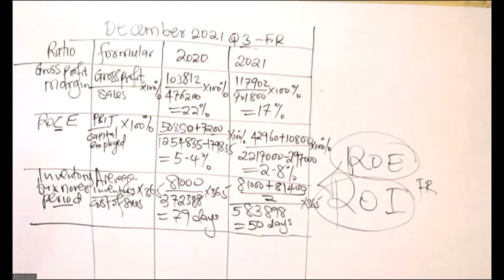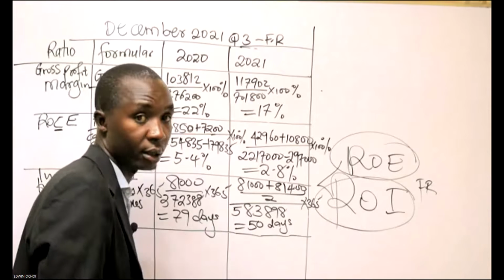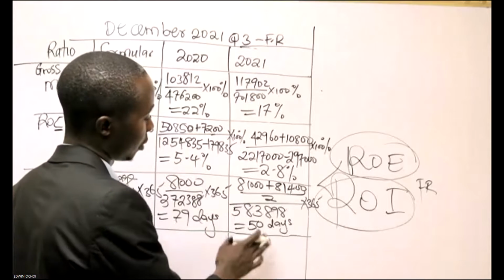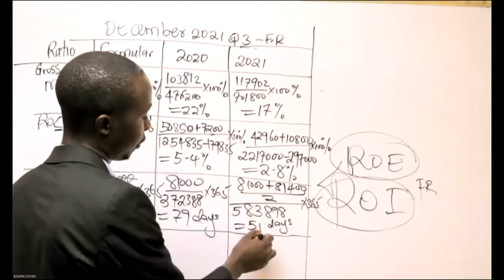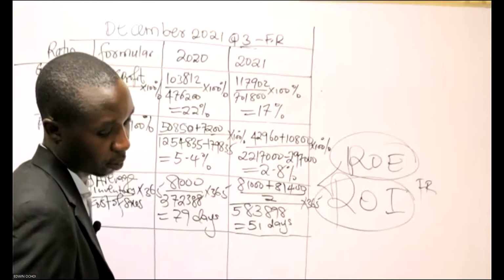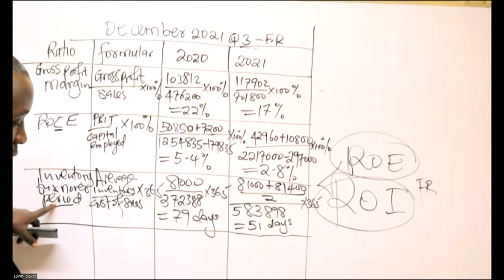Is it 50 or 51? So it matters now what you tell me according to your calculators. 50.758, so 51 days. So remember, it's inventory turnover period. So this one indicates what?